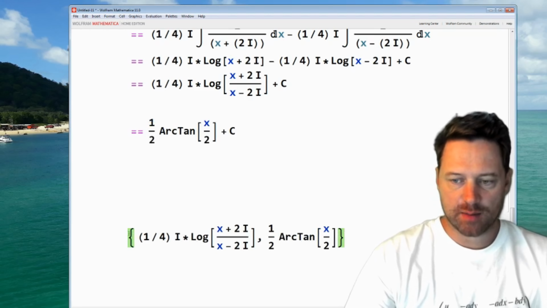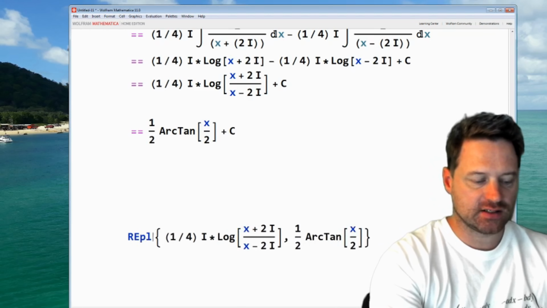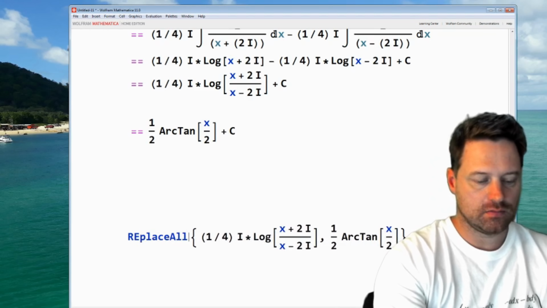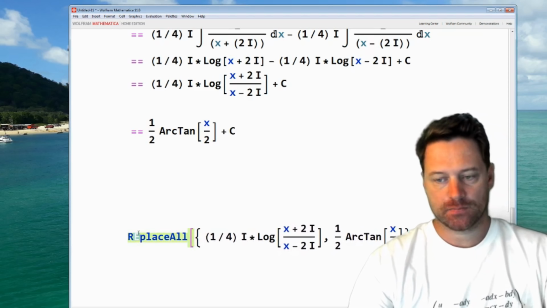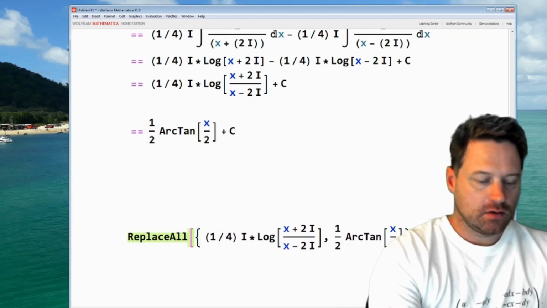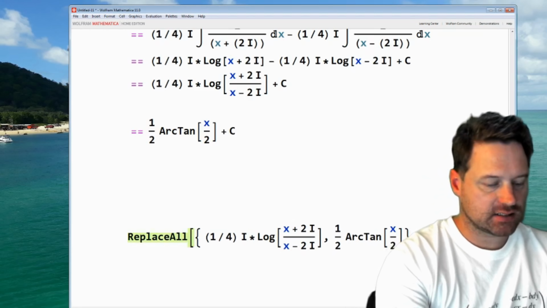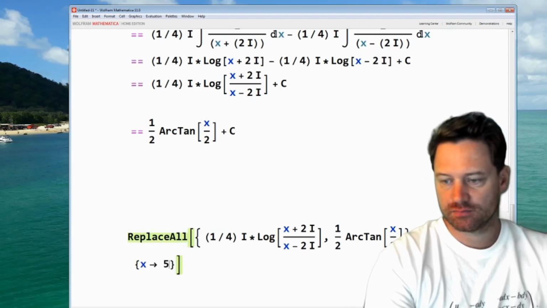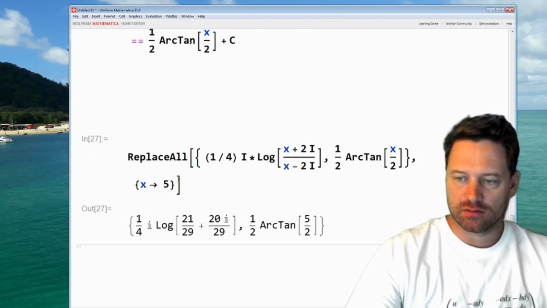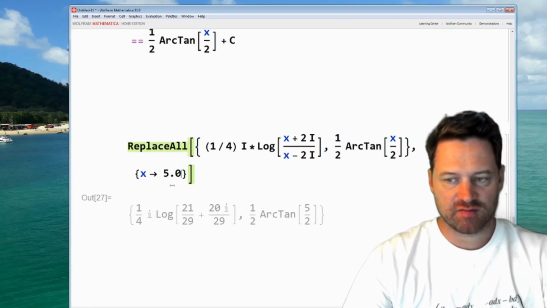All right, so what happens if I say replace all? And let's replace x with the number 5. Okay, well, so we want numerically, so 5.0.